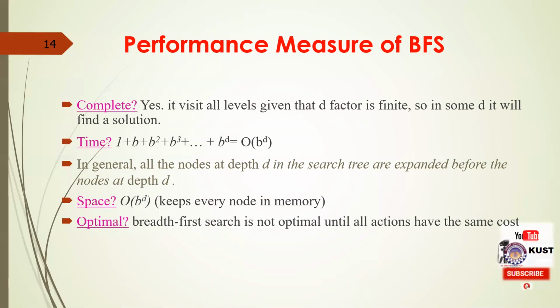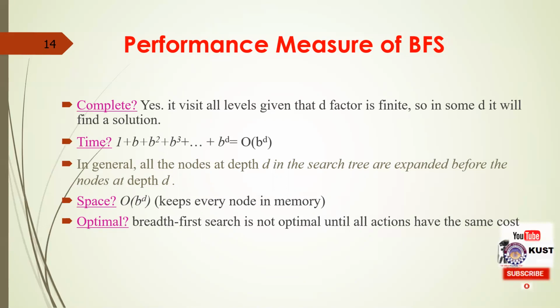To find the time complexity, assume that the root of the search tree generates b nodes at the first level, each of which generates b more nodes, for a total of b squared. At the second level, each of these generates b more nodes, yielding b cubed nodes at the third level, and so on.